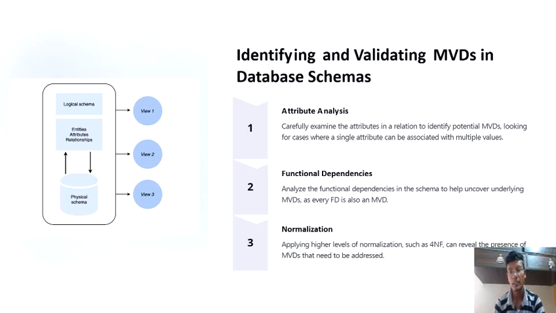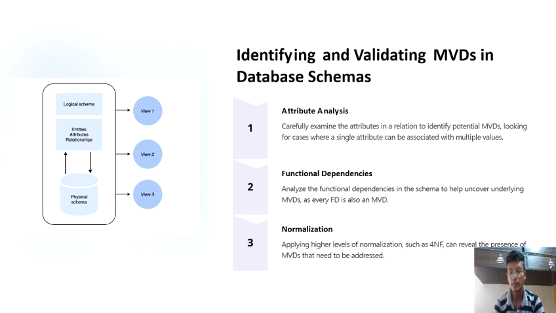Next one is identifying and validating MVDs in a database scheme: attribute analysis, functional dependencies and normalization. At first is attribute analysis. Carefully examine the attributes in a relation to identify the potential MVDs, looking for cases where a single attribute can be associated with multiple attributes.